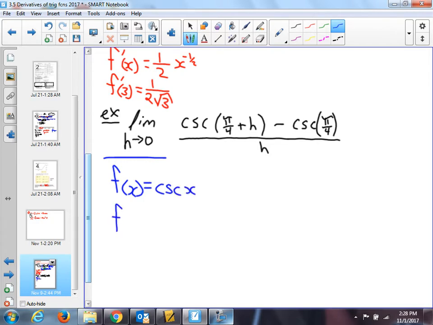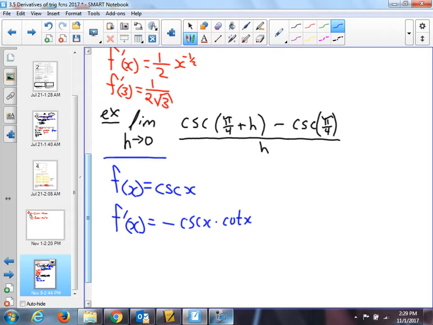Hey, I just learned this one. What is my derivative? It's going to be negative for sure. Negative cosecant cotangent. That's just from that list of derivatives we just listed. You'd have to look that up right now until you get that in your head.